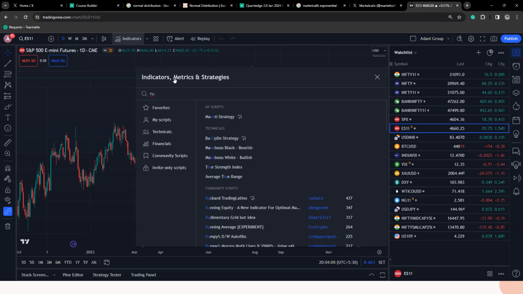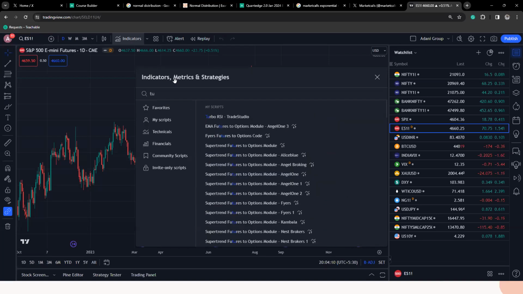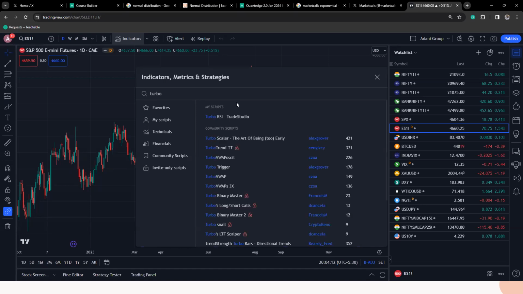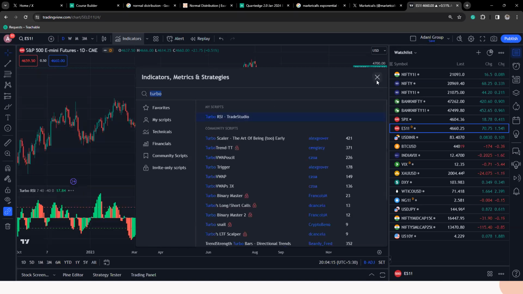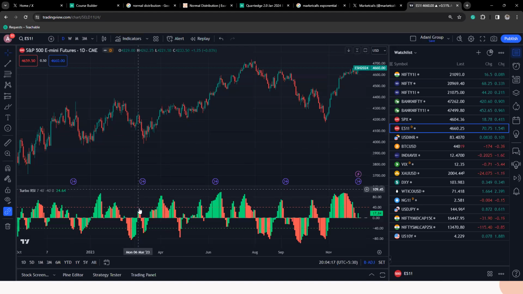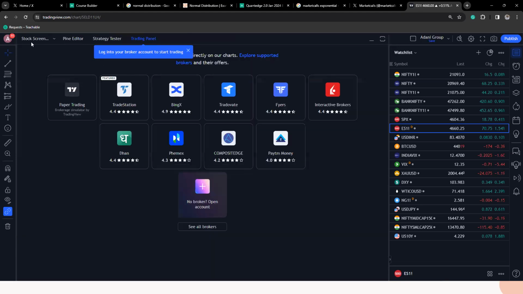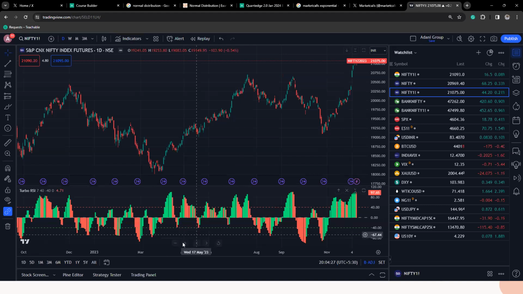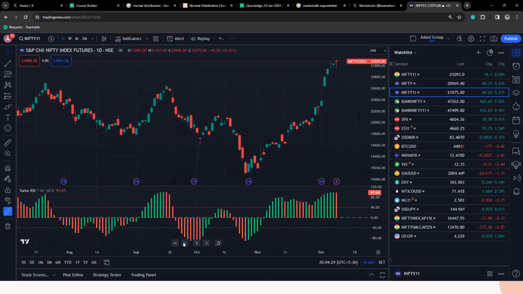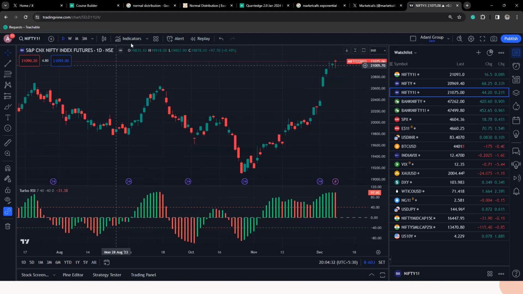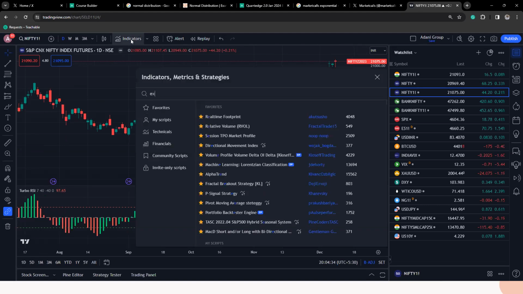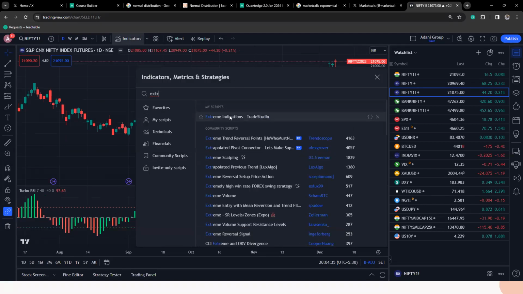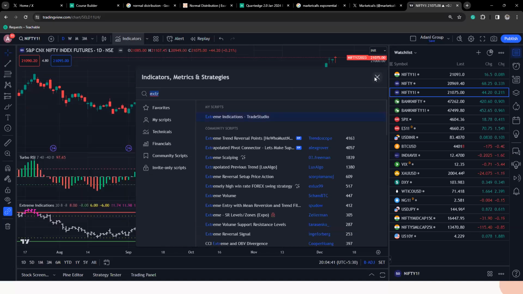Turbo RSI. Here it is. So let's say I just want to apply it on Nifty futures. It's exactly the same output that you'll be getting in Turbo RSI as well, right? And then extreme indications, wheel intra V5, but right now we're not offering on TradingView at this point in time.